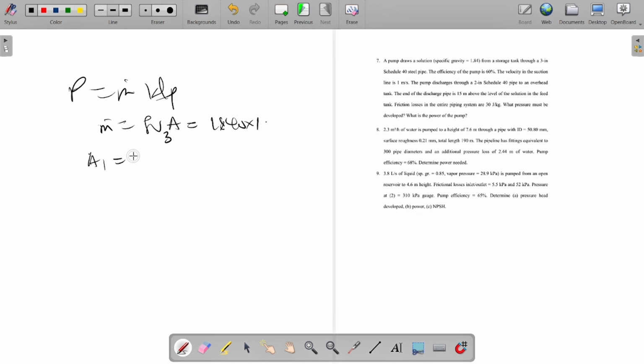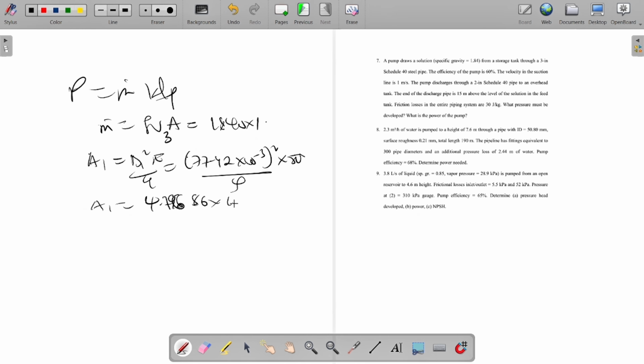So A1 over here is D1 squared pi over 4, which is 77.92 times 10 to the power minus 3 squared times pi divided by 4. So A1 becomes 4.7686 times 10 to the power minus 3 meters squared.